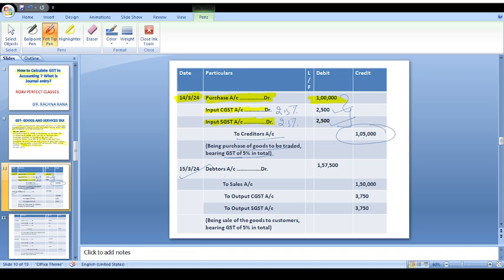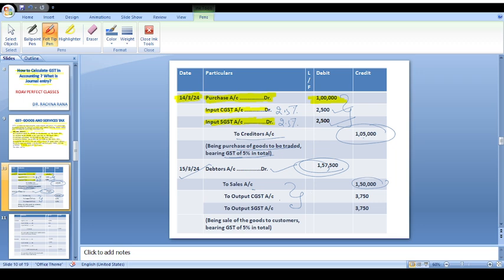On 15th March, for the sale, Debtors account debit. To Sales account, the price at which it sells the goods is 1,50,000.